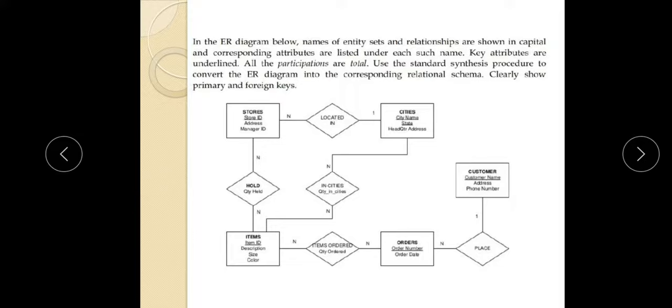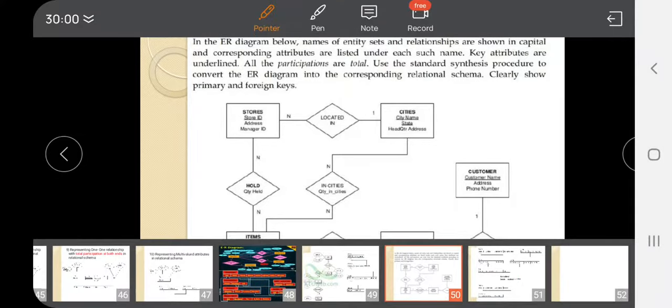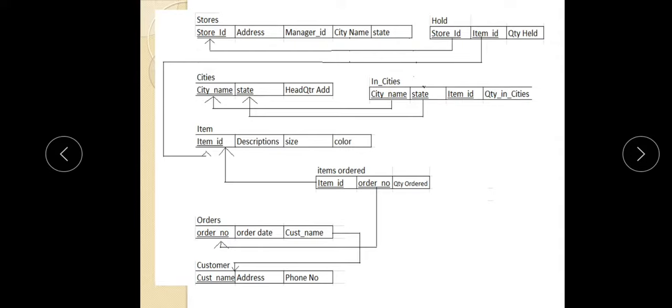In that schema, we will use the primary keys of both participating entity sets as attributes, because hold is related with stores and item. So the schema hold will have attributes like the primary key of store, which is store ID, and the primary key of item, that is item ID. Let's check hold. This is hold.